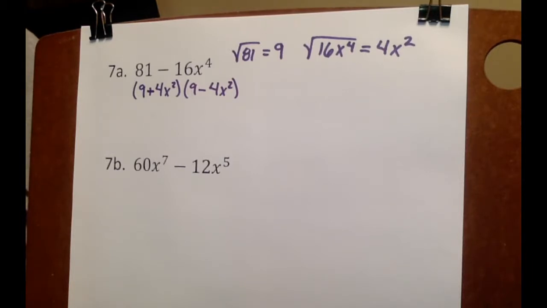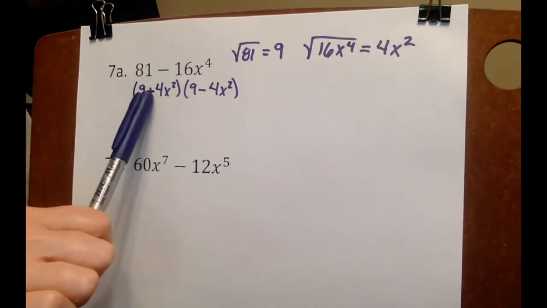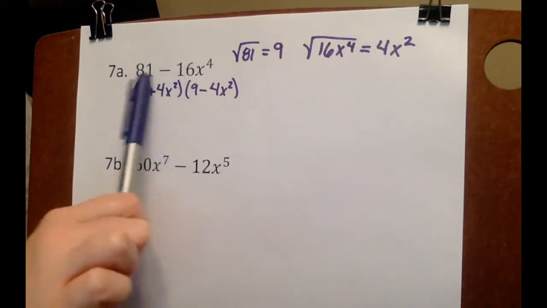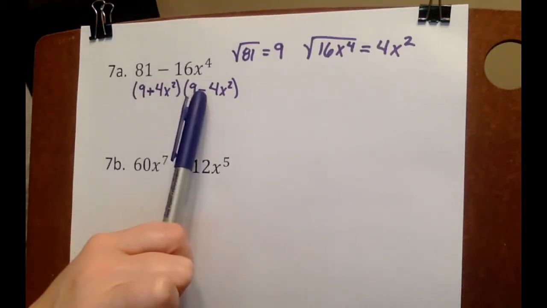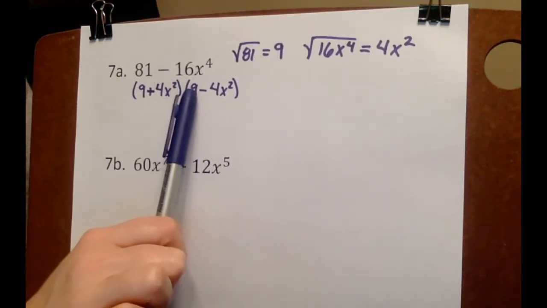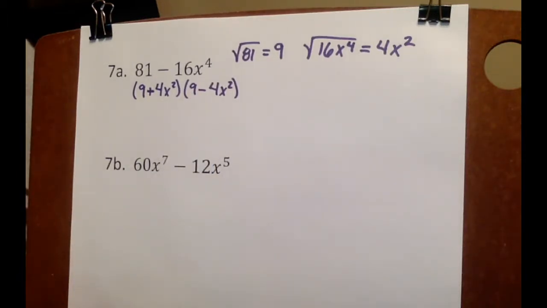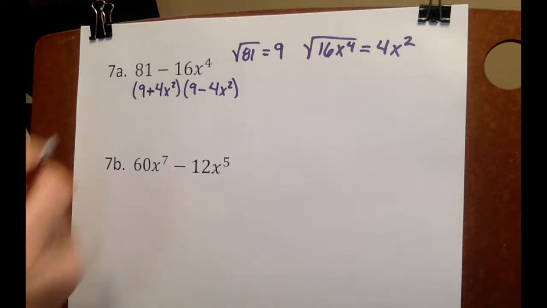Notice we have another difference of perfect squares. If you can continue factoring, you must do so. The sum of perfect squares is not factorable, so that part will stay in our final answer. But here we have the difference: 9 is a perfect square and 4x squared is a perfect square. So because that is factorable, we must continue.